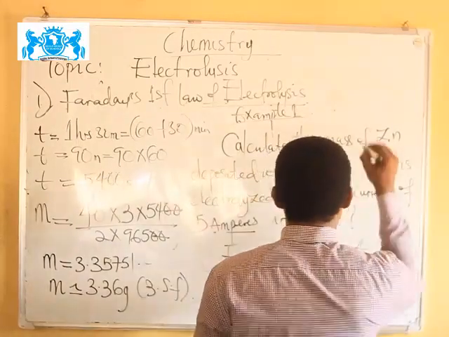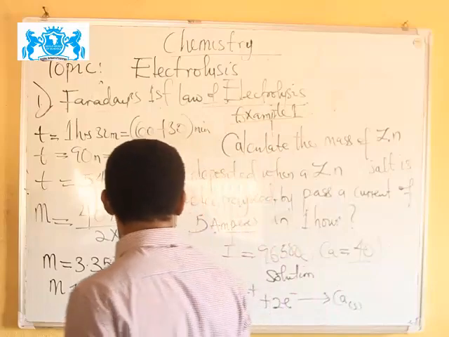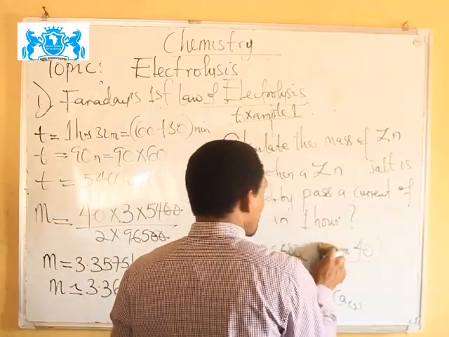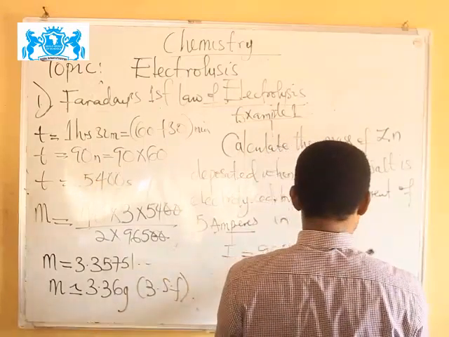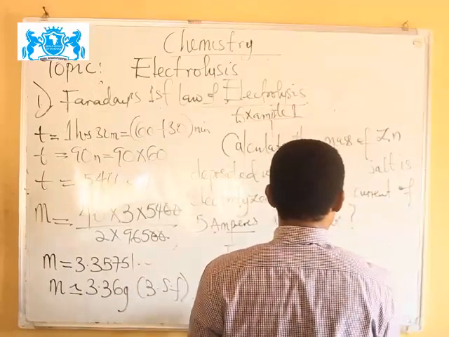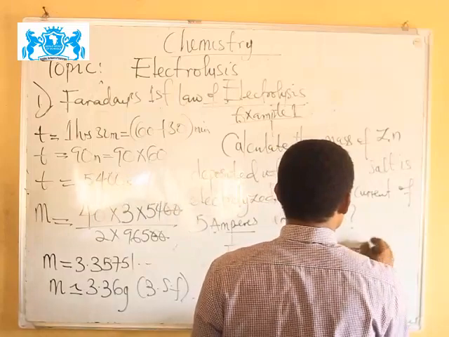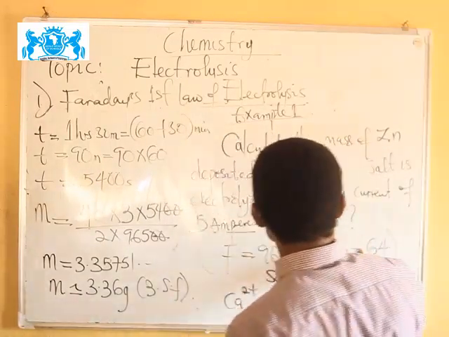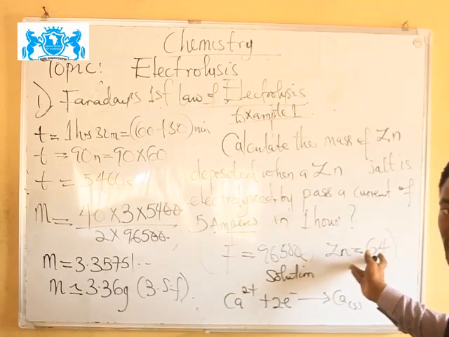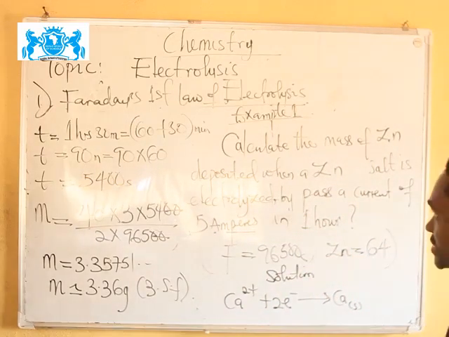Now you're given the relative atomic mass of zinc as 64, so you are going to use this as the relative atomic mass of zinc.